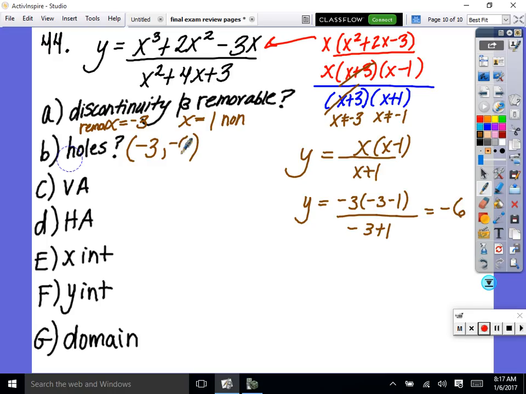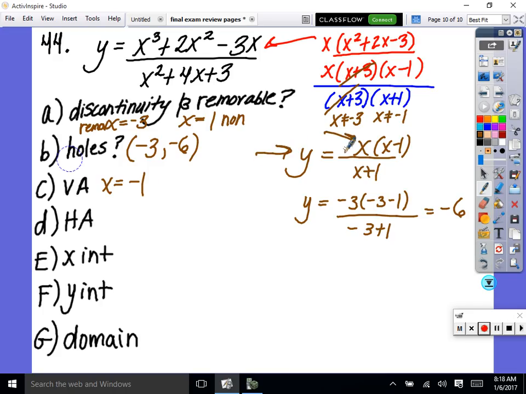So our hole is at negative 3, negative 6. Our vertical asymptotes come from the discontinuities that don't remove. So the one that was left over, the one that didn't divide out, is our vertical asymptote, so x equals negative 1.